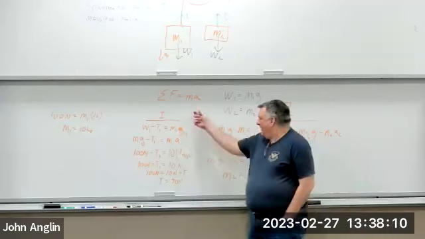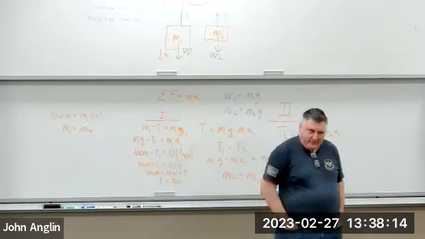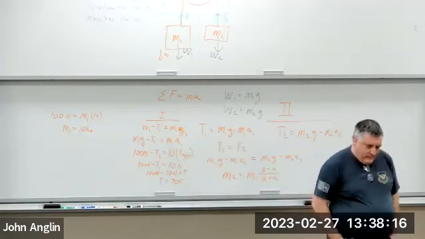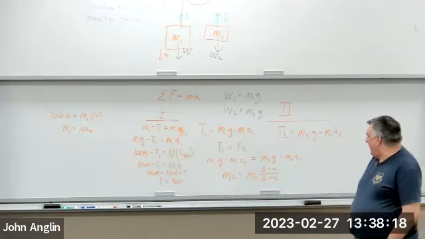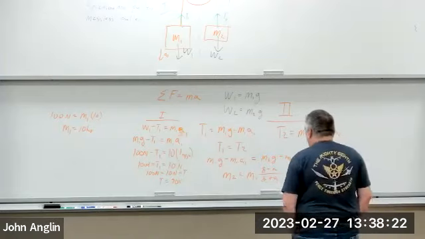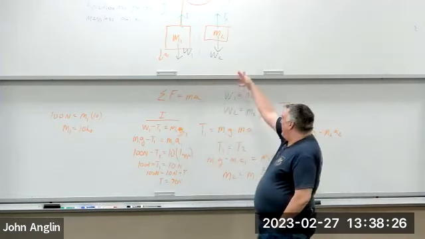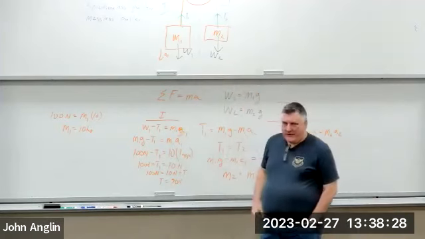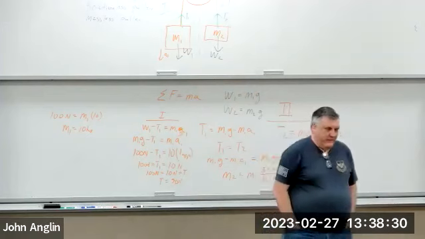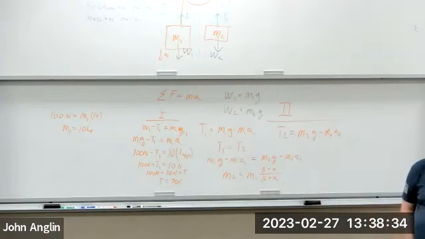Remember that this M is the total mass of the system. So you may end up having problems where there are 4 masses, maybe one big mass on the left side and 3 little masses on the right side. They're held together by some tension and force, and you can easily find that.